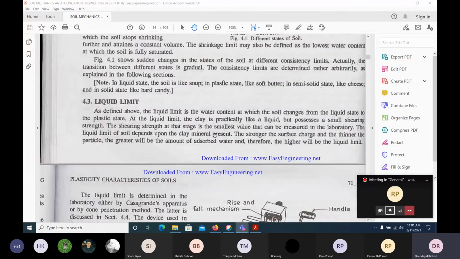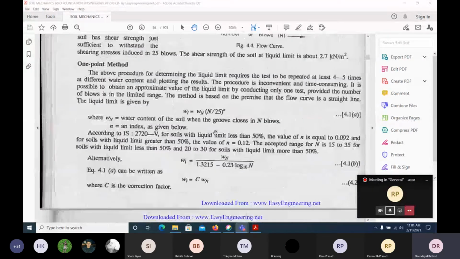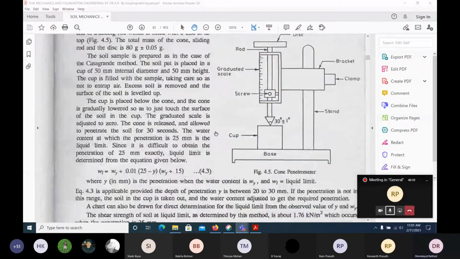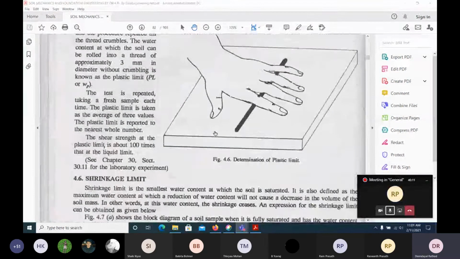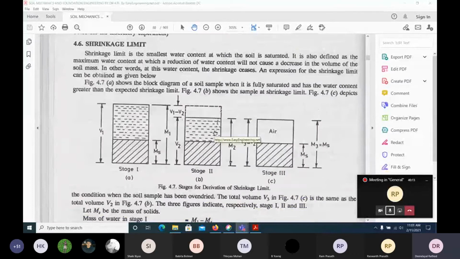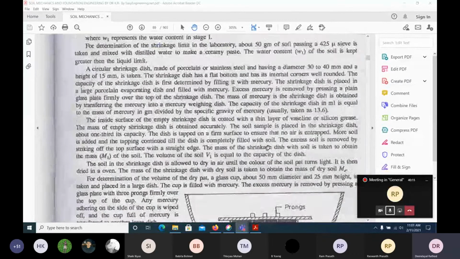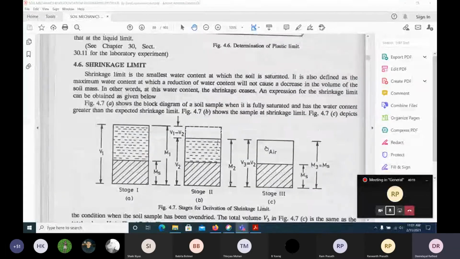So that is what is given. This particular method is for the shrinkage limit. They have used mercury. You will see the video and understand. It is a very nice video they have given. But we can also find it out by using some formulas. We can do it.